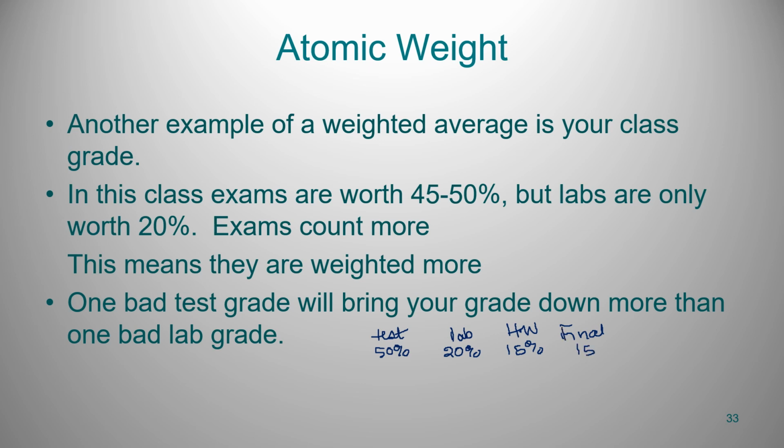So I take your test average and multiply it by 0.5. Then I take your lab average and multiply that by 0.2, and I take your homework average and multiply that by 0.15, and I take your final score and multiply that by 0.15. So just what I did on that previous slide, and when I add those all together, that'll be your average. So you can see that your test average will weigh more than the others.